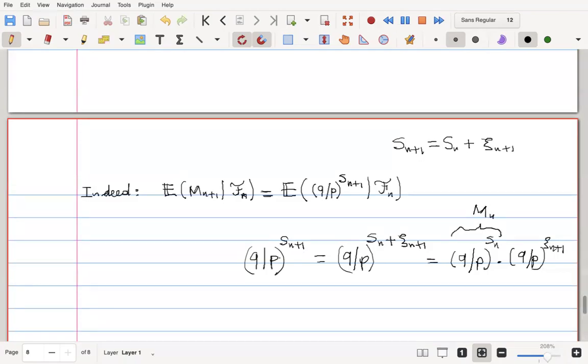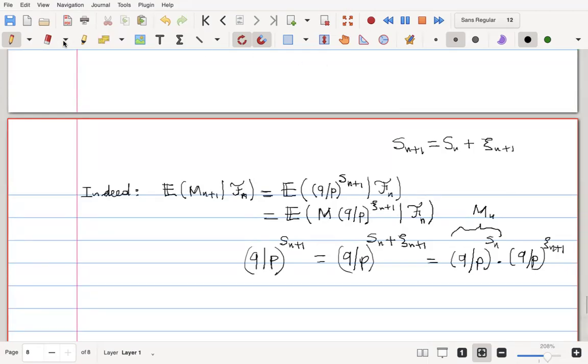If you substitute this expression into our conditional expectation, this gives us the conditional expectation of M_n times (q/p) to the psi_{n+1}, given F_n.